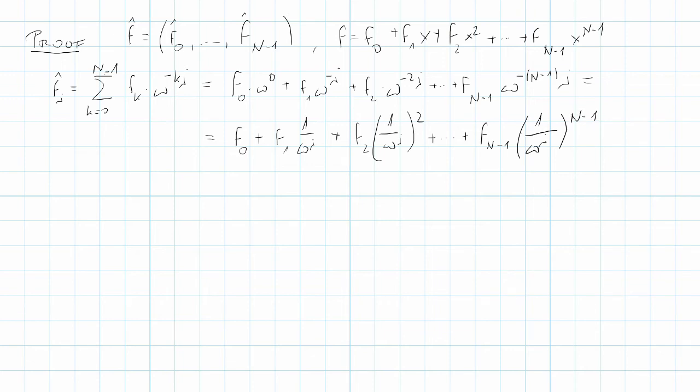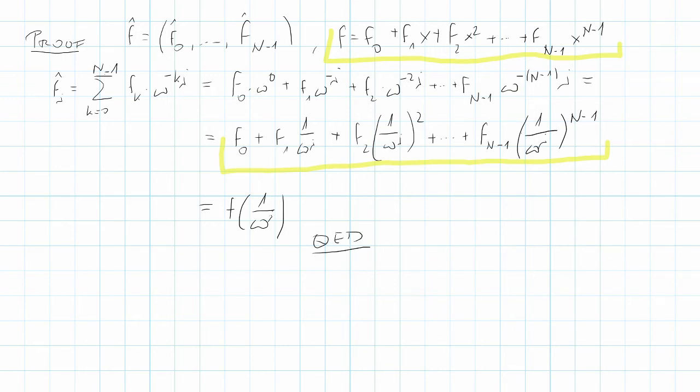And now if we look here and here, we immediately see that this is nothing else but f at 1 over the jth power of omega, which is exactly what the assertion says.